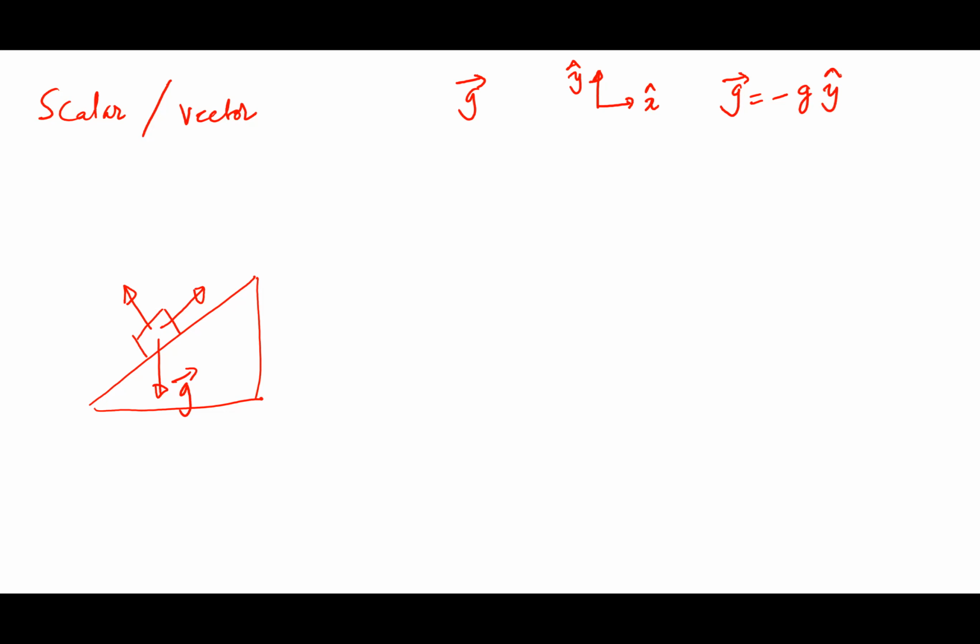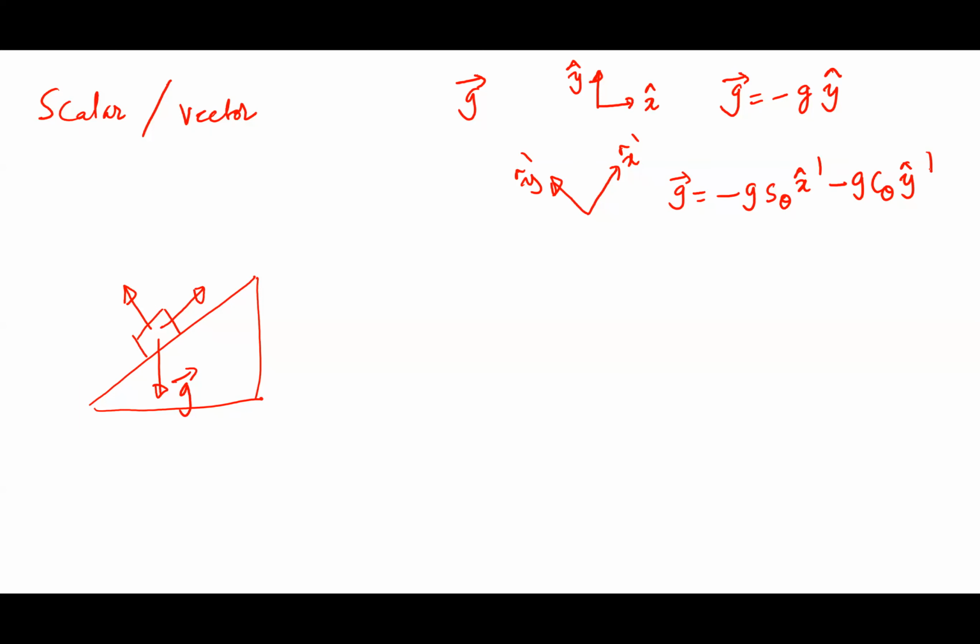But if I were to write it in this kind of coordinate system, where I have x hat prime and y hat prime, then it would look like g is equal to minus g sine theta x hat prime minus g cosine theta y hat prime. So you see that if I change the coordinate system, the components of the vector change. Are you able to notice that?